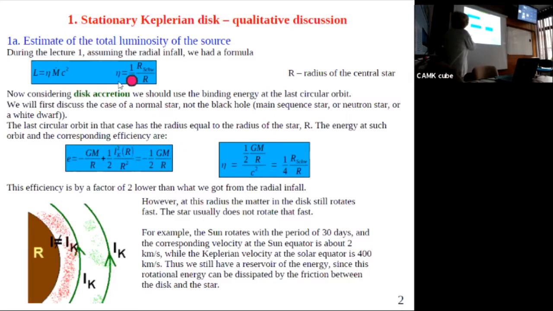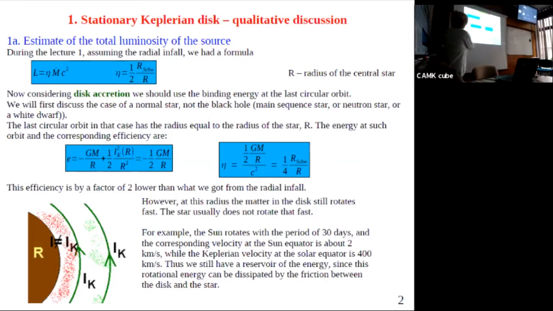We introduced this efficiency of accretion in the case of radial inflow. That was done during the first lecture. And then we got the efficiency, which is equal to half of the Schwarzschild radius over the radius of the central star.